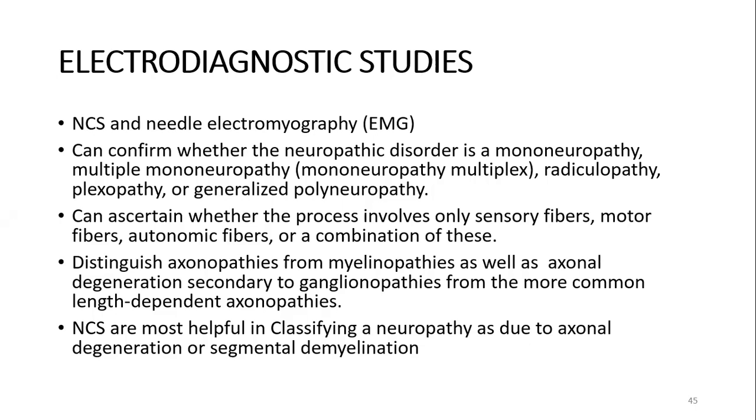And also, the first thing is whether you can conclude that there is a peripheral nerve disease identified by these nerve conduction studies, whether there is a disease or not.